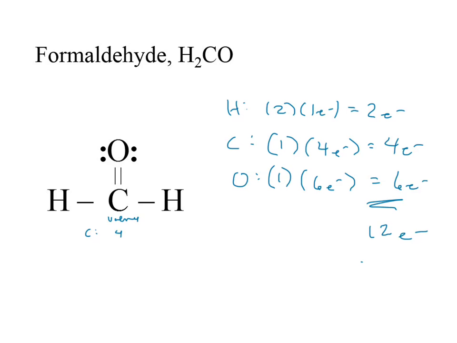Remember, valence is sigma and pi bonds. So let's see, 1, 2, 3, 4. That looks good. For the element oxygen, oxygen is 6A, so we take 8 minus its group number 6, so its expected valence is 2. 1, 2. See how that works?